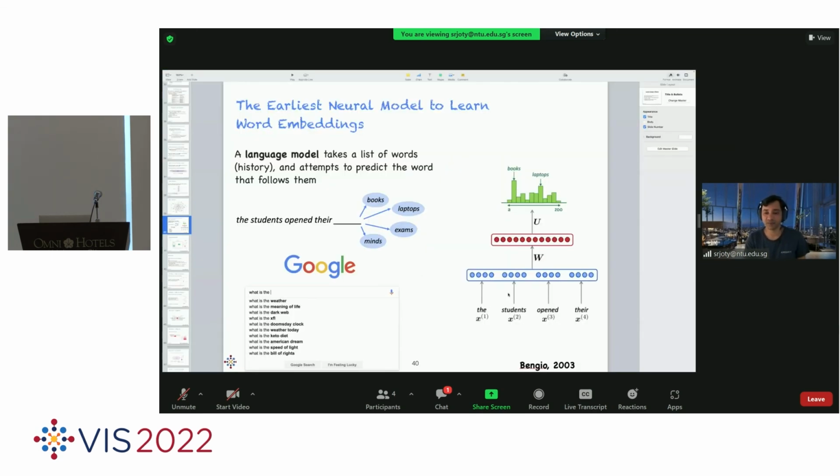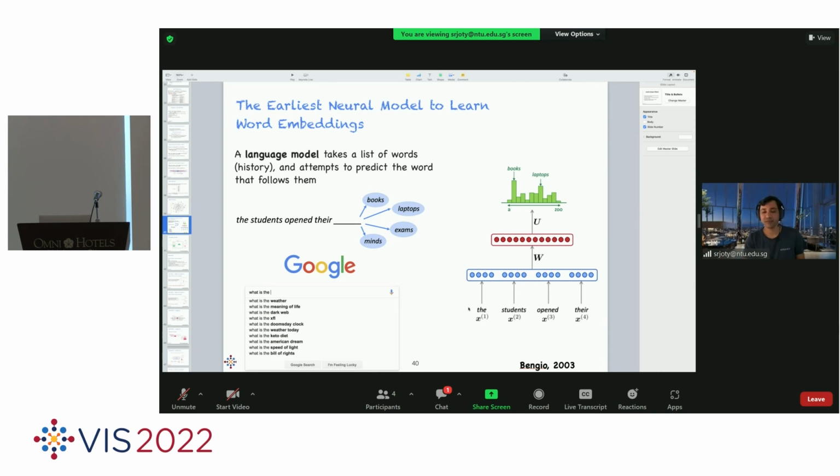And here's an example of the first deep learning model for this. How it works is, let's say we have the context here, "the students opened their", and this is the input. Each of these words will be represented by its word embedding, or vector representation. Assume that we have a word embedding matrix, whose size would be the size of the vocabulary times the dimension for each word.